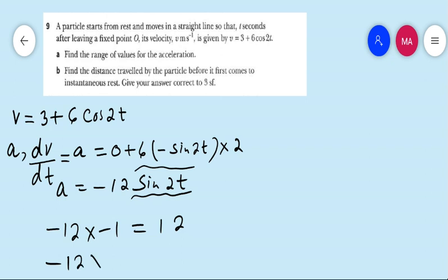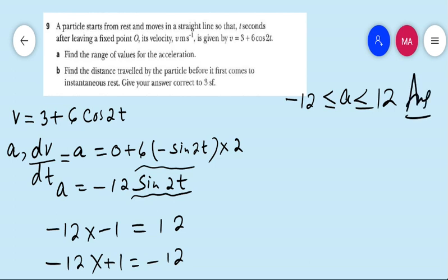And when sine is plus 1, it equals minus 12. Hence, acceleration is from minus 12 to plus 12. These are the range of values of acceleration. So very easy question.